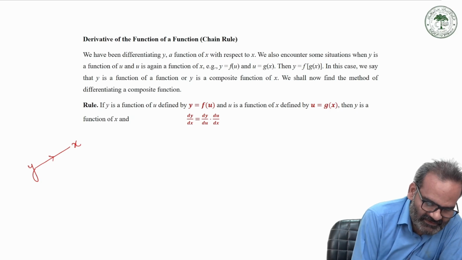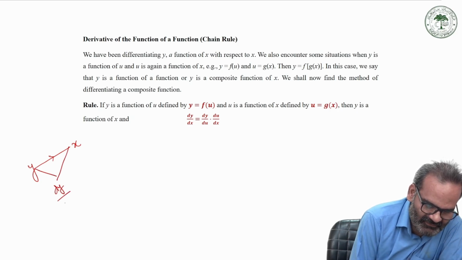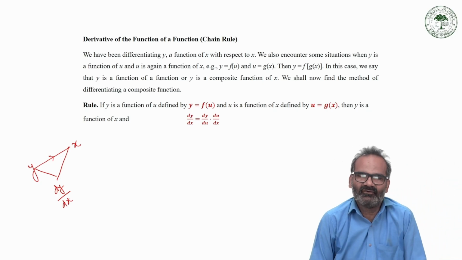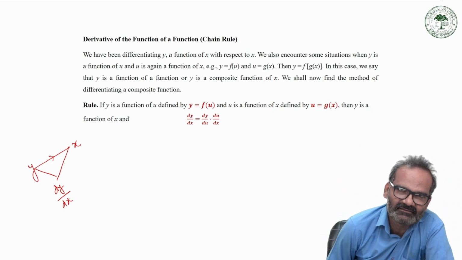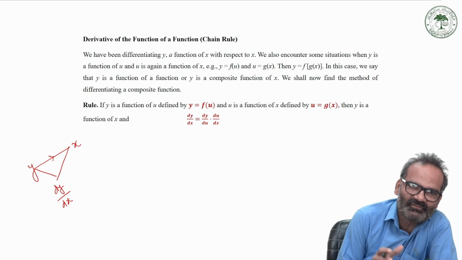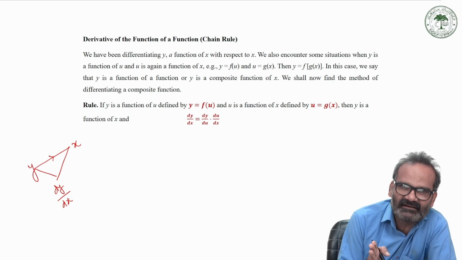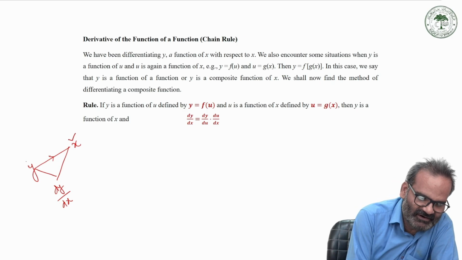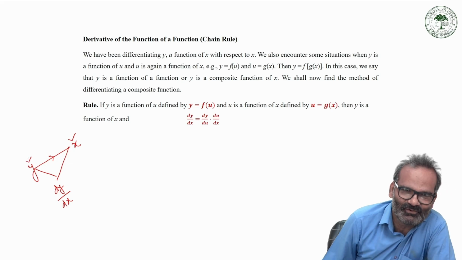So what we did, we calculated the derivative of y with respect to x. Clear? This is what we did till now. We were having only two variables, x and y. y depends on x statically. That is why any change in x, the corresponding change in y will also be noticed.